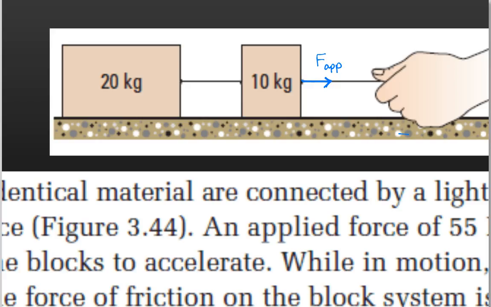So there's some tension in this string. There's tension in the string that way, and there's tension in the string this way. Those two forces, what does your hunch tell you about those two?